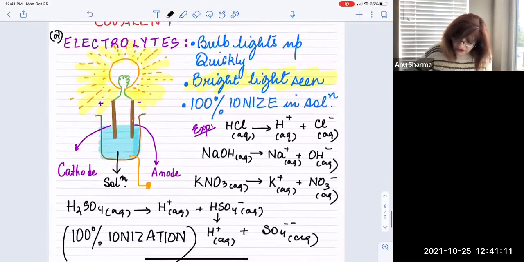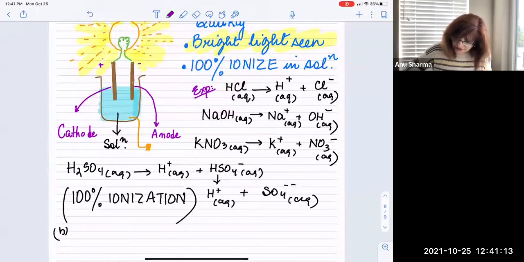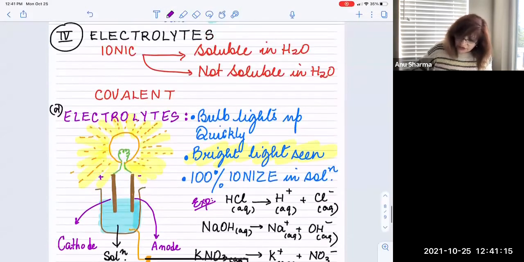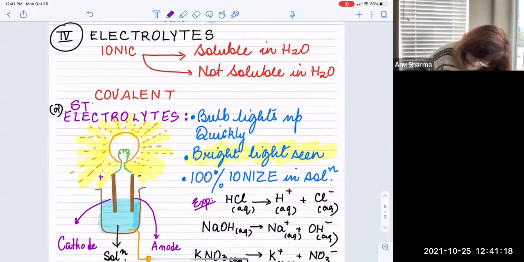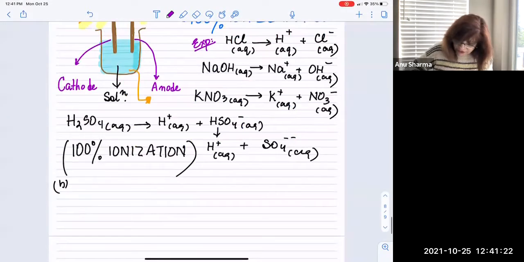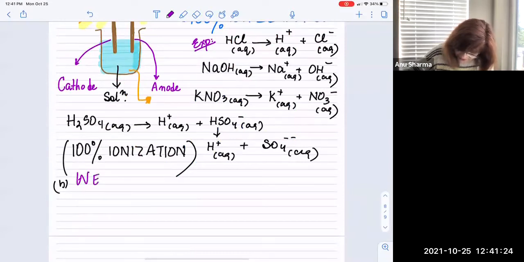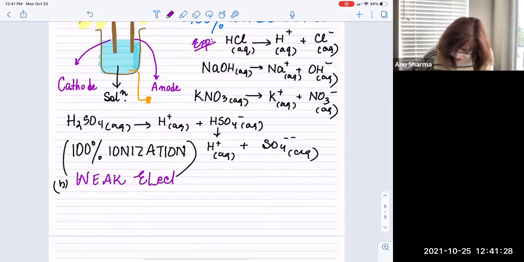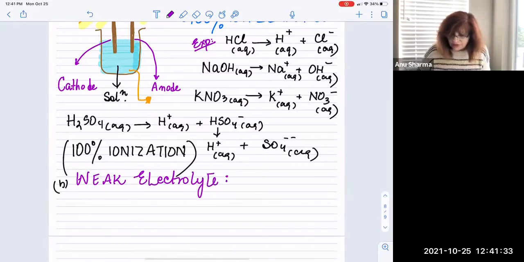Now let's look at the weak electrolytes. The ones we just saw are strong electrolytes. So what are weak electrolytes? Weak electrolytes conduct electricity slowly.